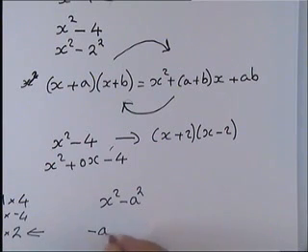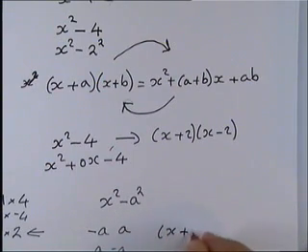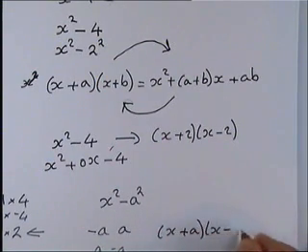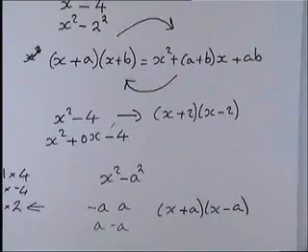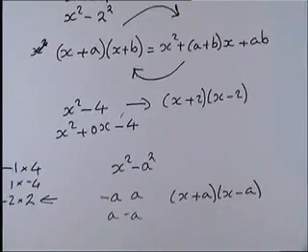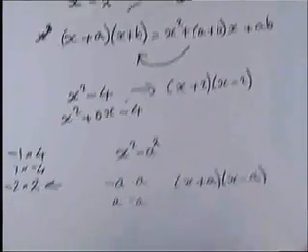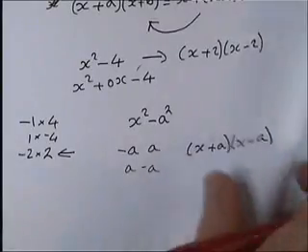So those numbers are minus a and a, or a and minus a, which are both the same. So this factorizes to x plus a, x minus a. So it's a very important little fact in mathematics, the difference of two squares. It comes up a lot.